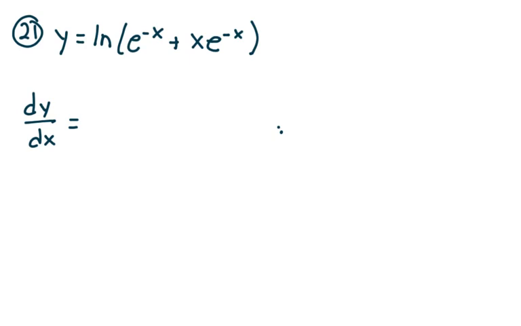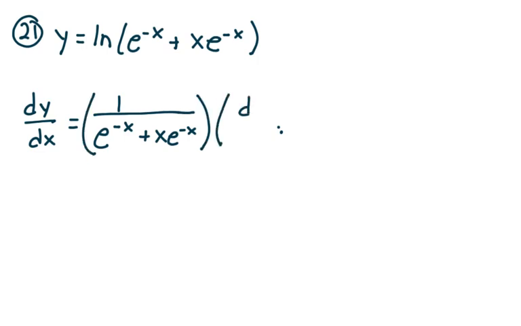So I'm going to apply the chain rule. So this is 1 over e to the negative x plus xe to the negative x. And I'm going to take that and multiply by the derivative of e to the negative x plus xe to the negative x with respect to x.